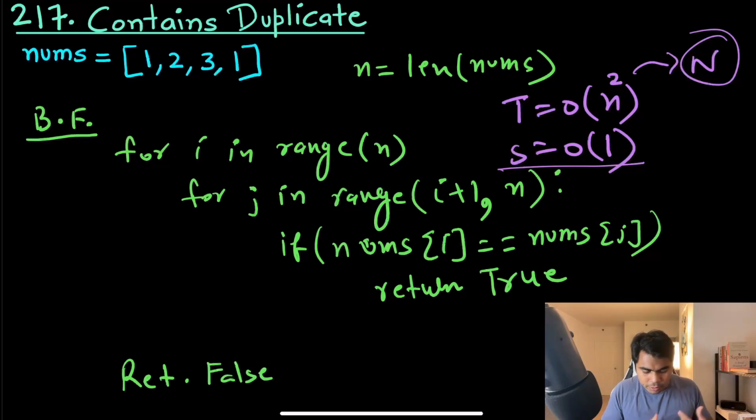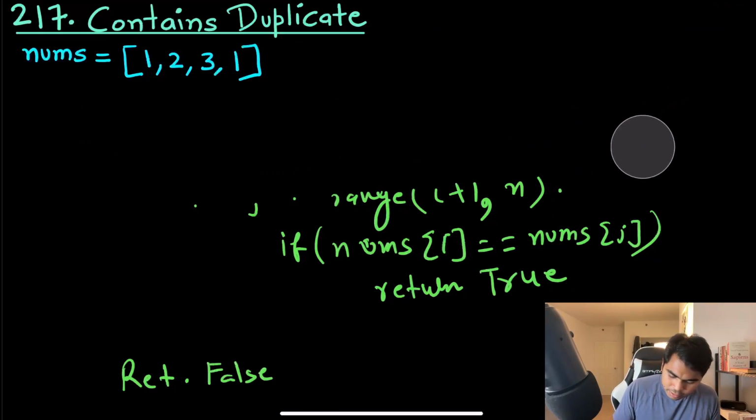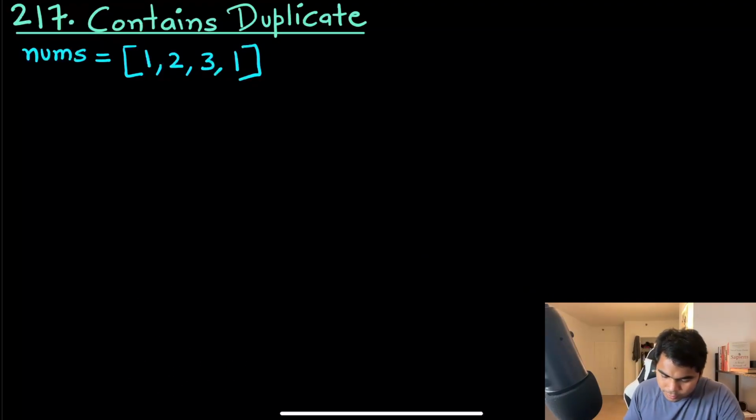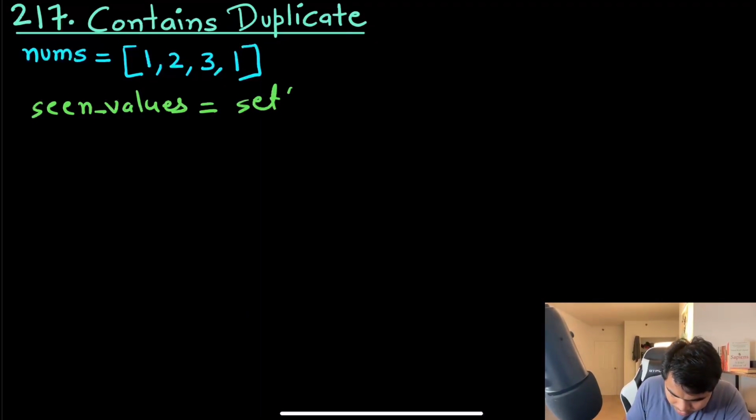So how about we introduce some space and bring our time complexity to n, and make our solution a little more efficient. What we'll do is have a set called seen values, just a simple set.